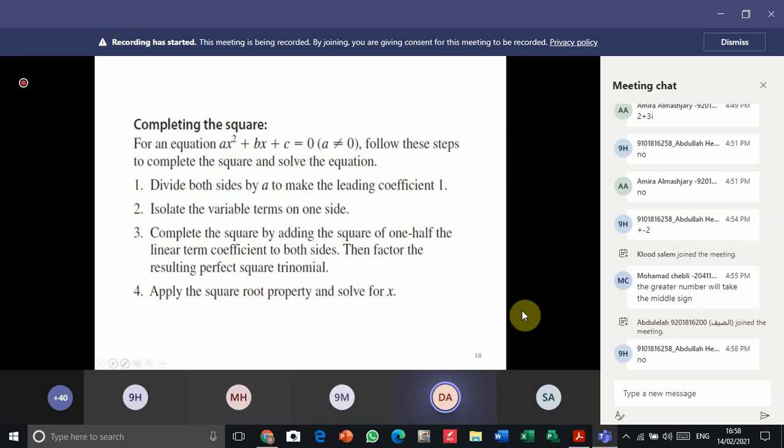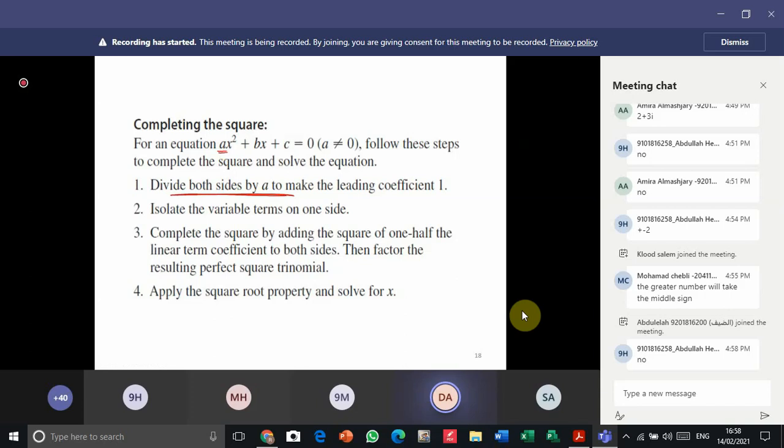Now, sometimes we need to complete the square. Completing the square means our steps: firstly, we need to remove a, so divide by a on both sides. All terms are divided by a.